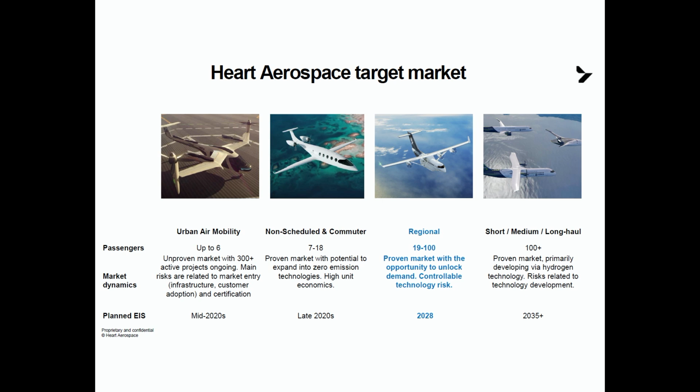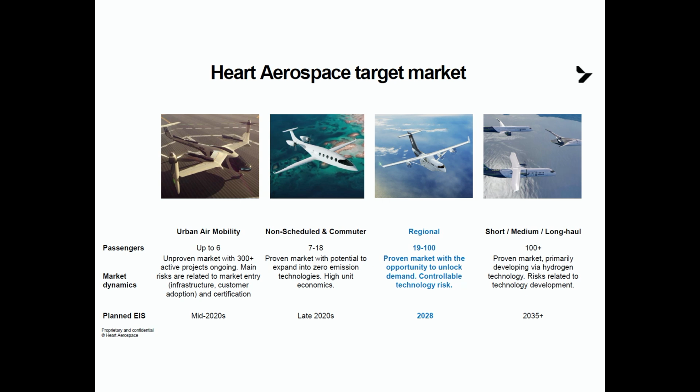It's not a market which is mature. We'll see how it goes, but there is quite a lot of things ongoing. We are not there. A bit smaller aircraft with 7 up to 18 passengers is an existing market, but maybe without so much potential to expand. But for sure, going electric is a little bit easier.